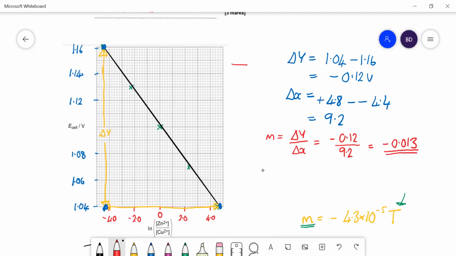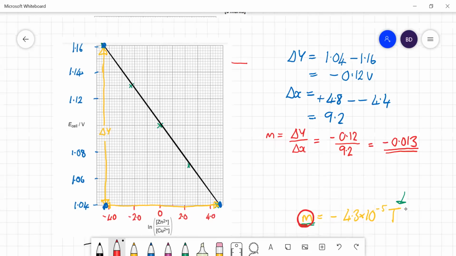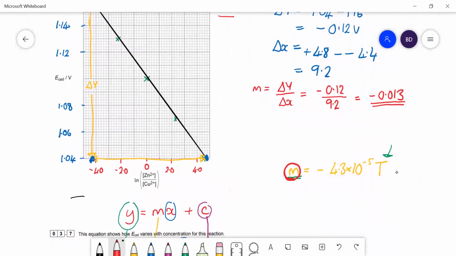Now we're going to have to put that gradient into this equation here. So M is minus 0.013. Let's do that and we can work out T. So just rearrange this equation so T is equal to minus M over 4.353 times 10 to the minus 5.